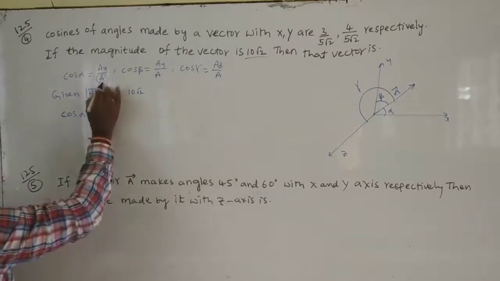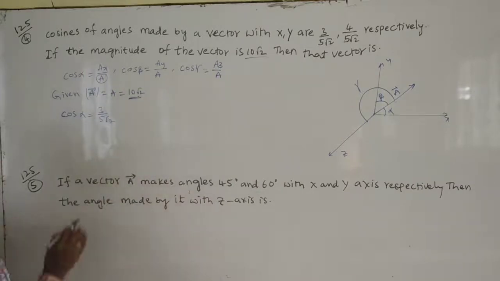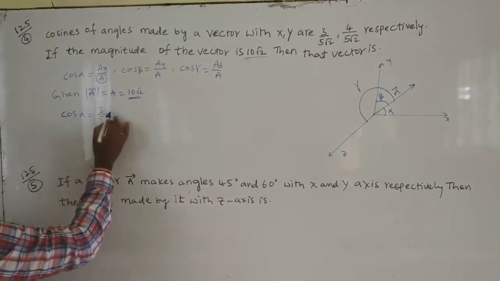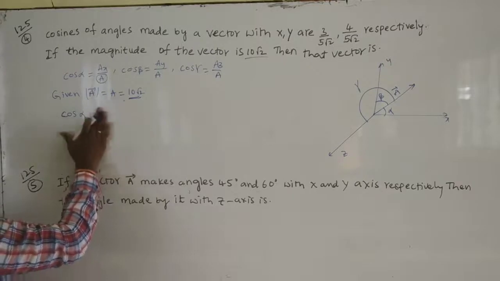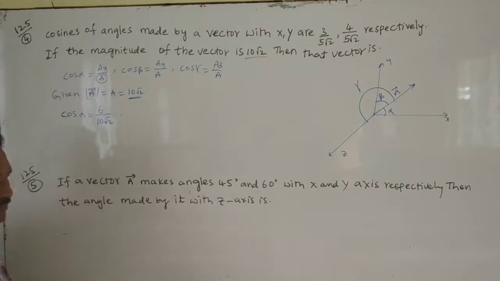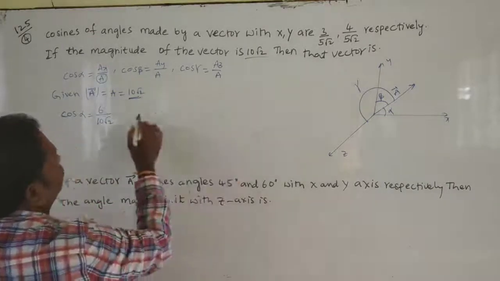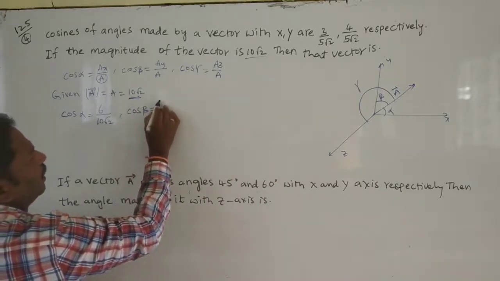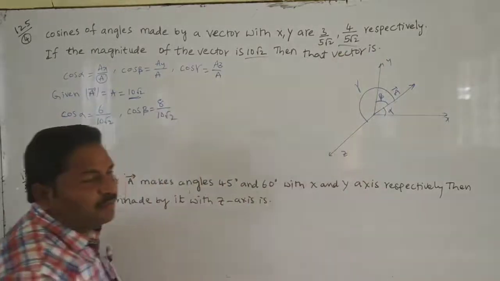The magnitude should be 10 root 2, but here only 5 root 2 is there, so we multiply and divide by 2. Now we can write it as 6 by 10 root 2. Here also cos beta equals 4 by 5 root 2, which is 8 by 10 root 2, multiplying and dividing by 2.